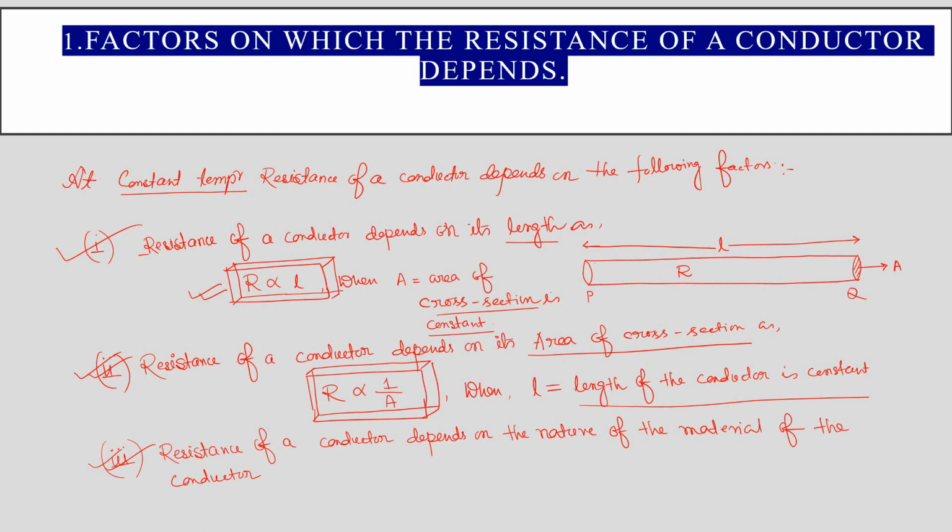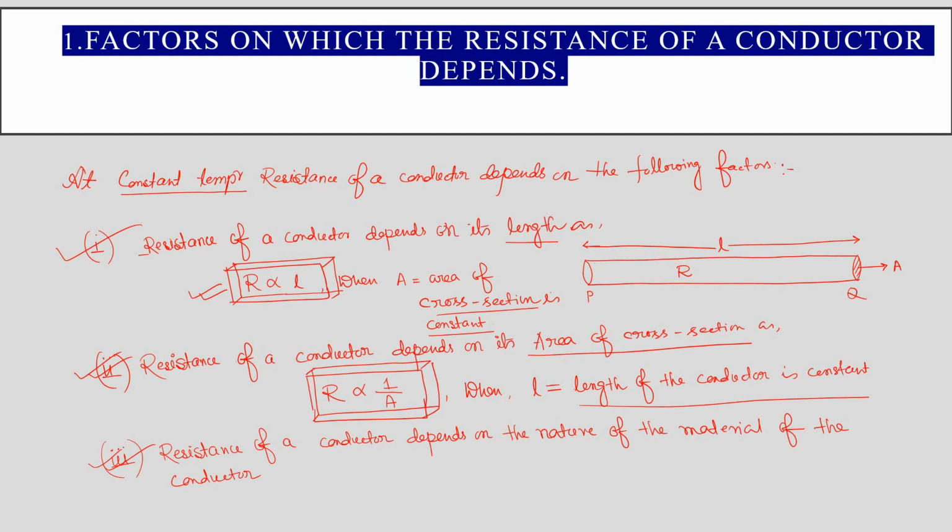If the conductor is a copper wire, then its resistance will differ when the material is iron or steel. For different materials, the resistance will be different.